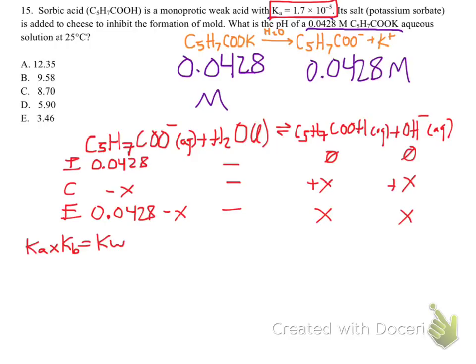So our Ka for sorbic acid is 1.7 times 10 to the negative fifth. That times Kb, what we're solving for here, will equal 1 times 10 to the negative 14th at 25 degrees Celsius.